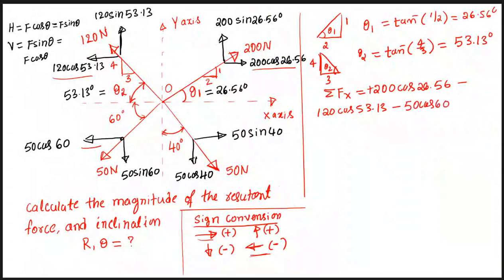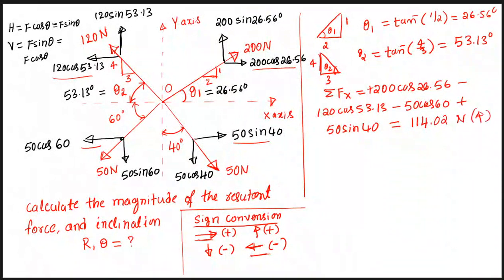The last force acting in the horizontal direction is 50 sin 40, which is acting in the positive x direction, therefore it is plus 50 sin 40. So sigma Fx value works out to be 114.02 Newton, positive value means it is acting in the upward direction.